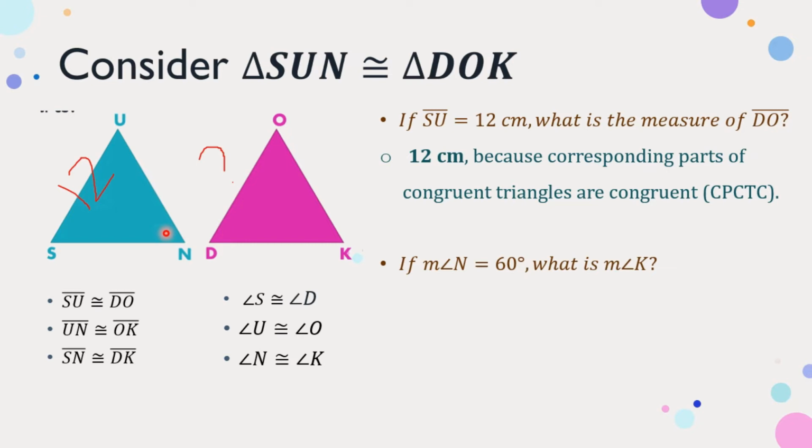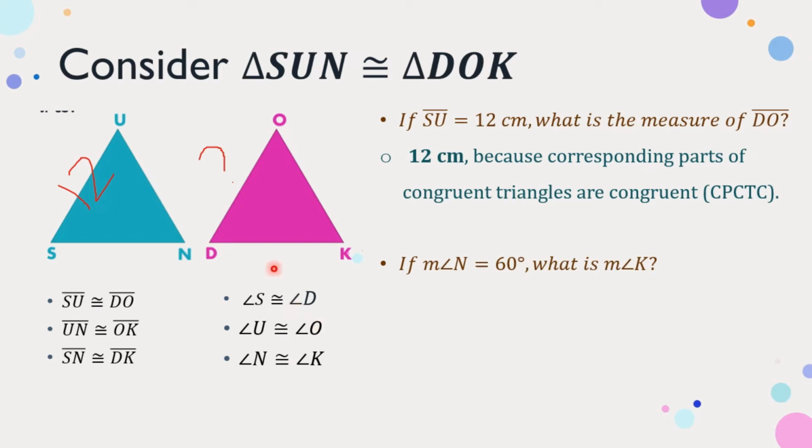Now, second step, alamin ang given. What can we say about the two triangles? The two triangles are congruent. Therefore, what can we say about the two angles? The two angles, since they are corresponding angles of congruent triangles, they are congruent.